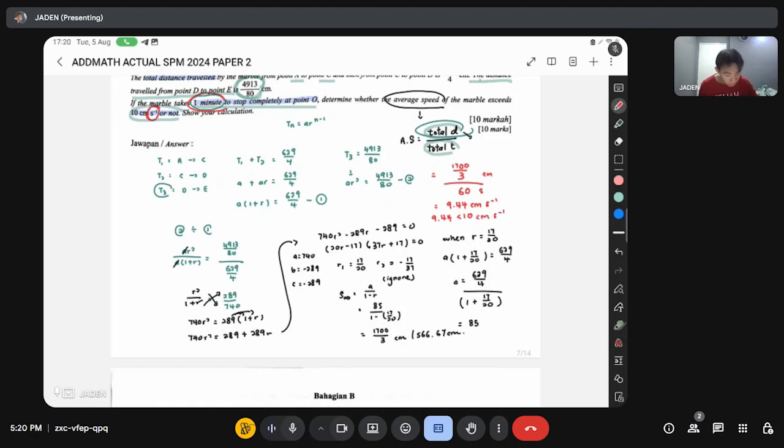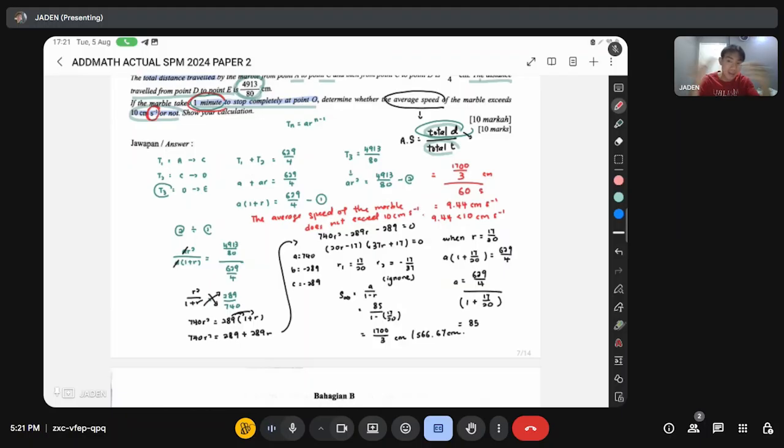So the conclusion is, I have nowhere to write, I'm going to write here: the average speed of the marble does not exceed 10 cm per second. And that is how you secure your 10 marks.